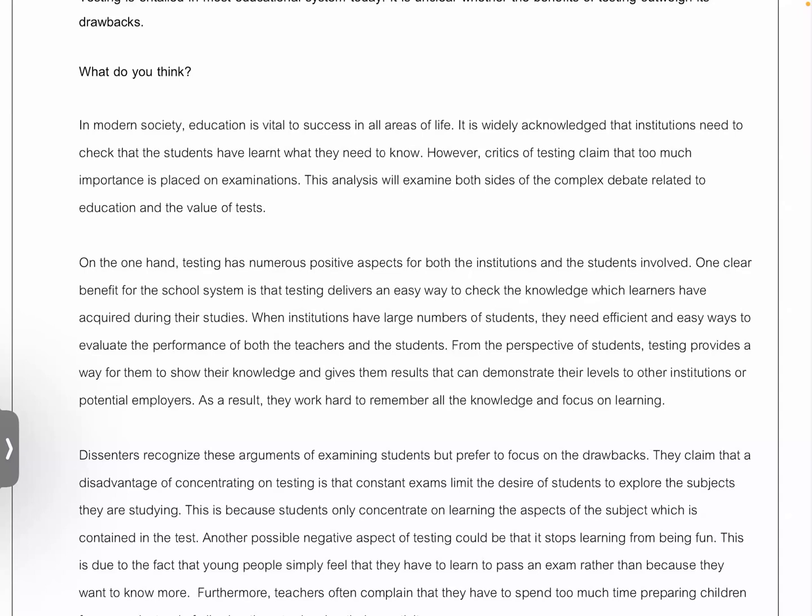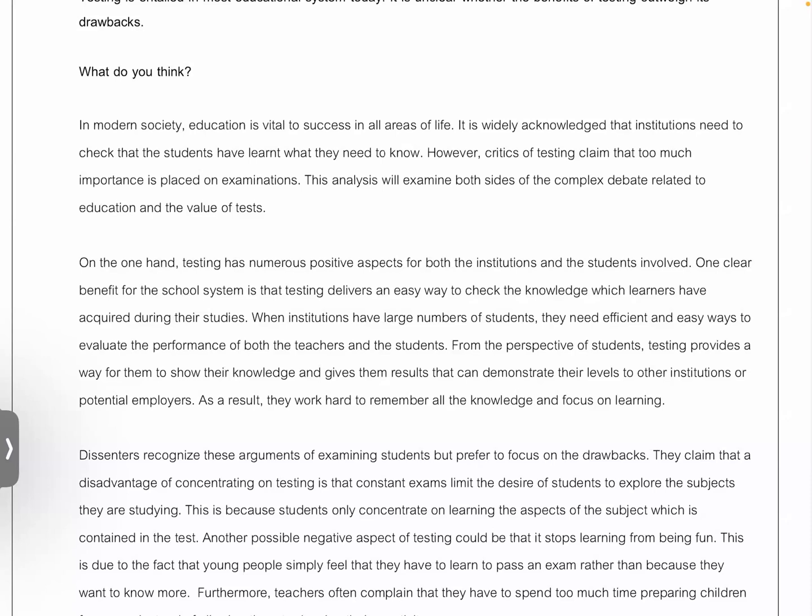Now we talk about the benefit of testing to the students. So after they have taken the test, they will receive the grades, and they can present the grades to their potential employers, which can help the employers to decide better whether they should offer a job to this particular student or not.